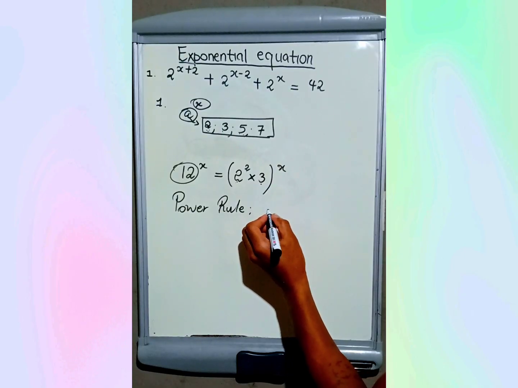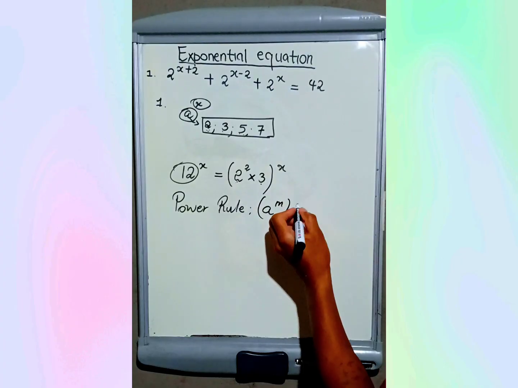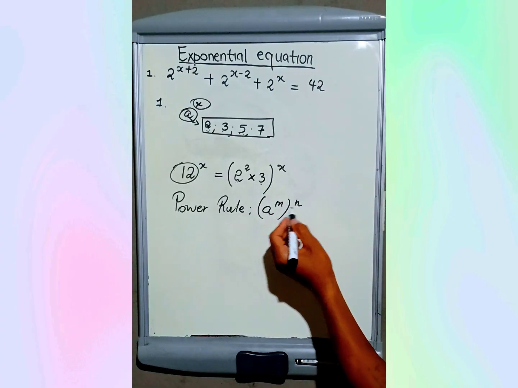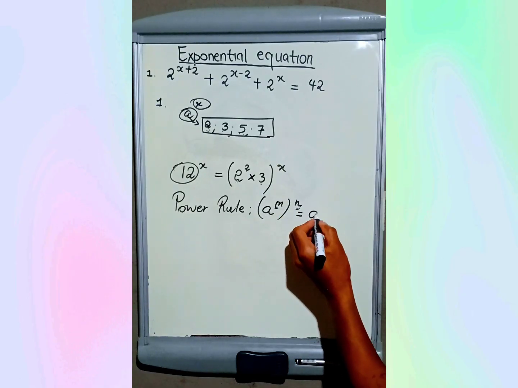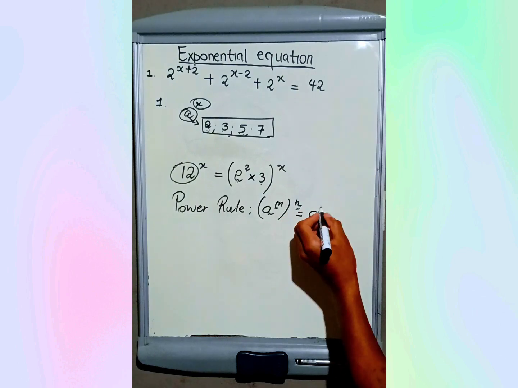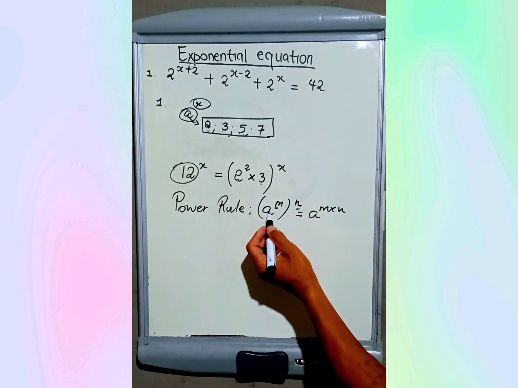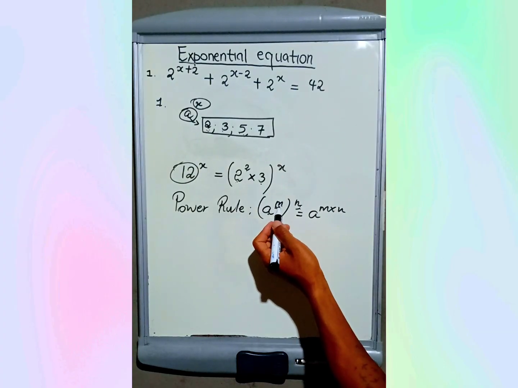if we have a raised to m, raised to n, the power rule says that if we have two different exponents, then we take the base and multiply the exponents. That is the power rule. If we have two different exponents, m stands for any number that can be the exponent.